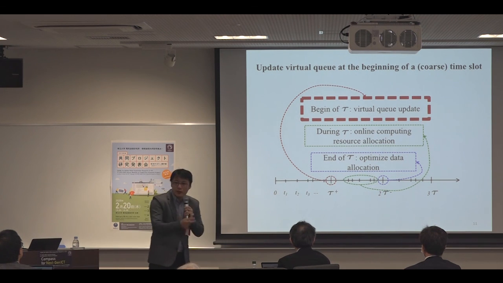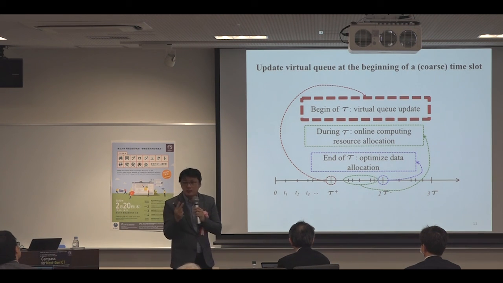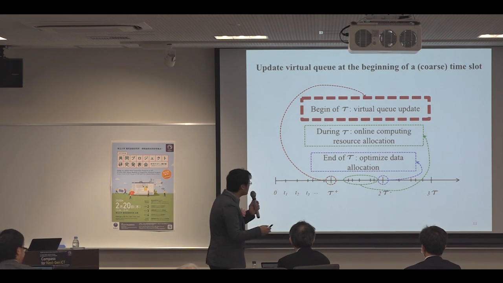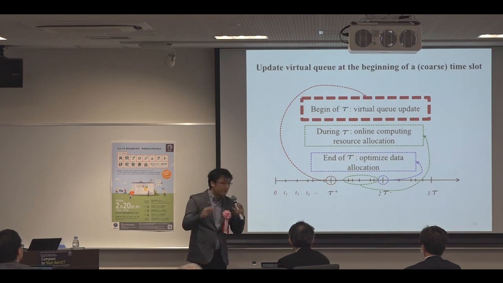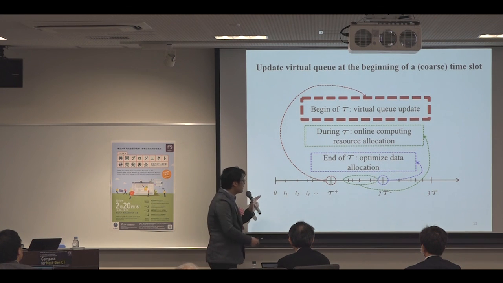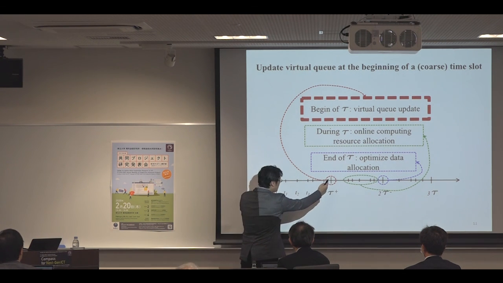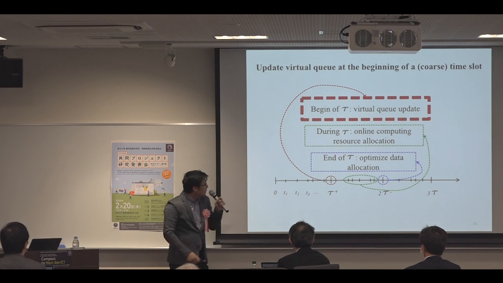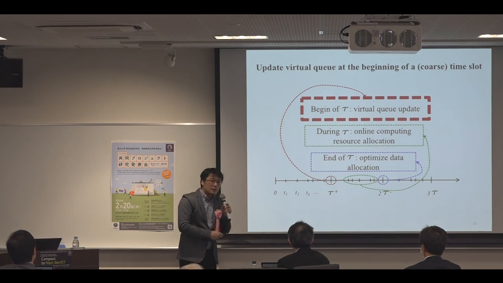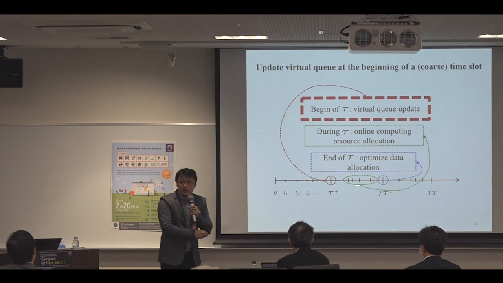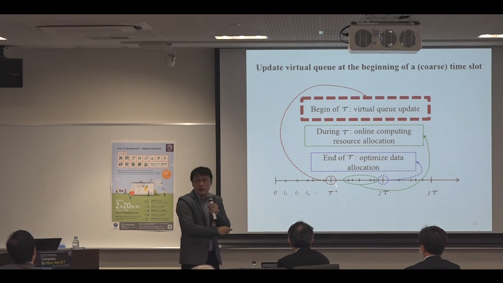Actually, in this algorithm, we have two time scales. For example, this time scale is from tens of minutes to 1 hour or 2 hours. It is not that fast.